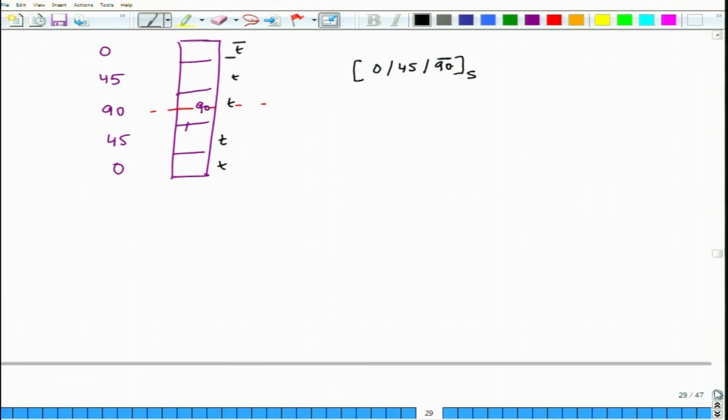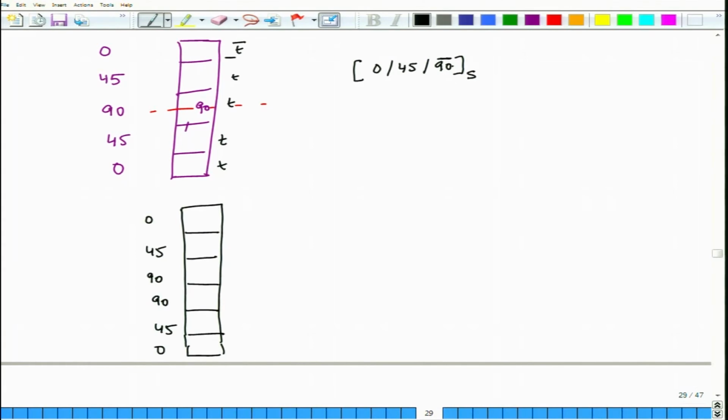Another example could be something like this. This could be 0, 45, 90, 90, 45, 0.